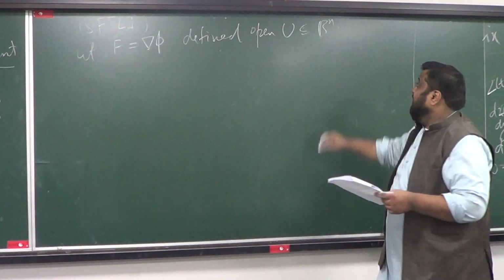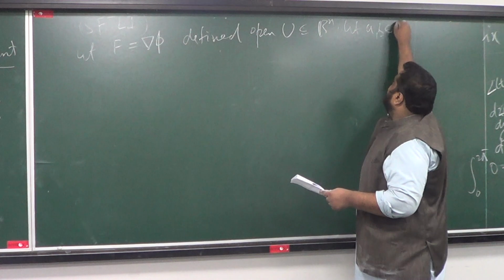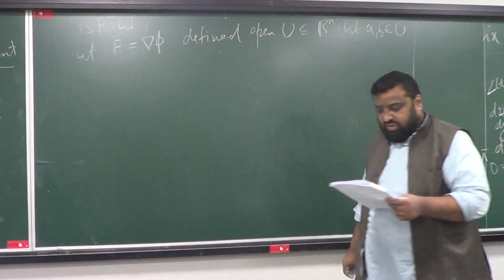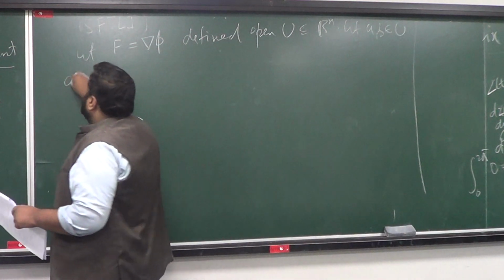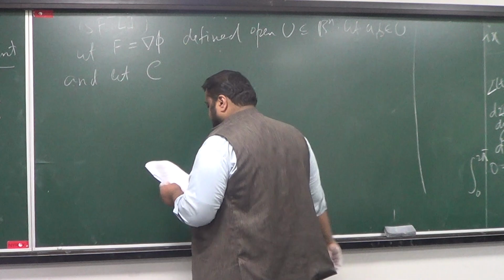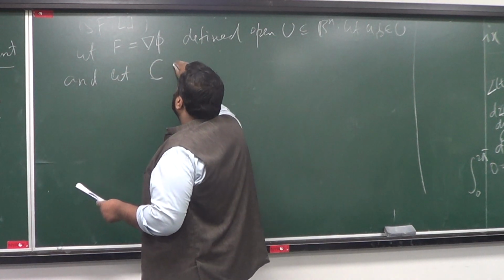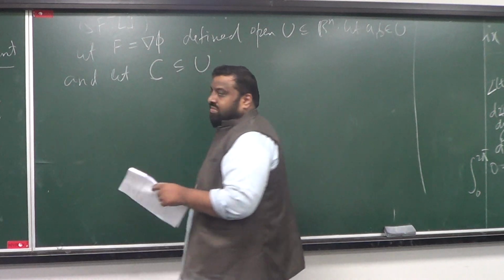And let's take 2 points A and B from this domain U. And imagine you have a curve C that also falls in the domain of the U.